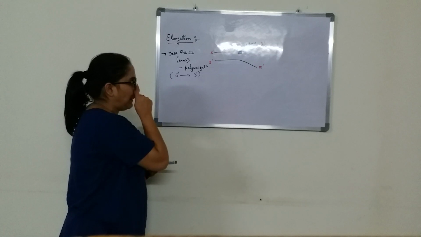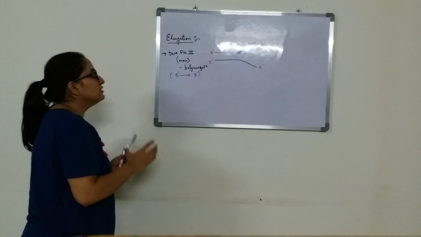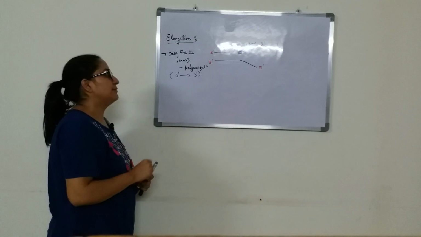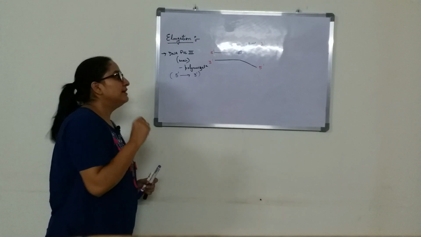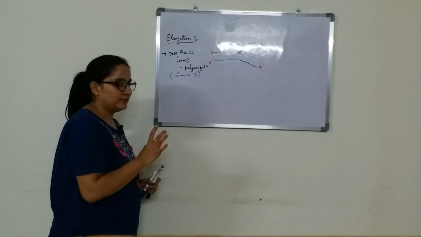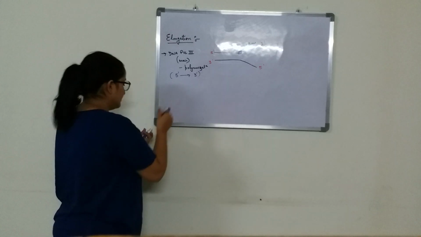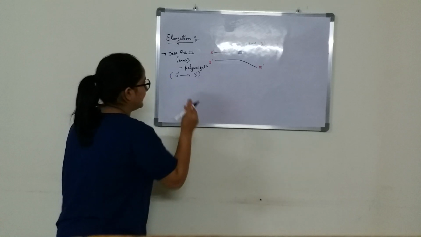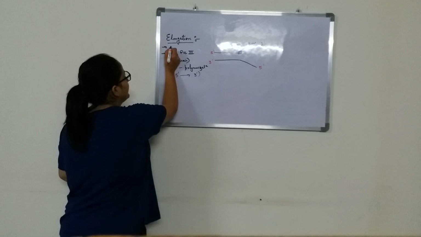So here what happens, before the DNA polymerase 3 is uploaded, there is another enzyme called RNA polymerase, which is altogether known as primer. A primer is uploaded before this. This is the main enzyme that helps in polymerization, but before this, another enzyme, that is a primer, is added.